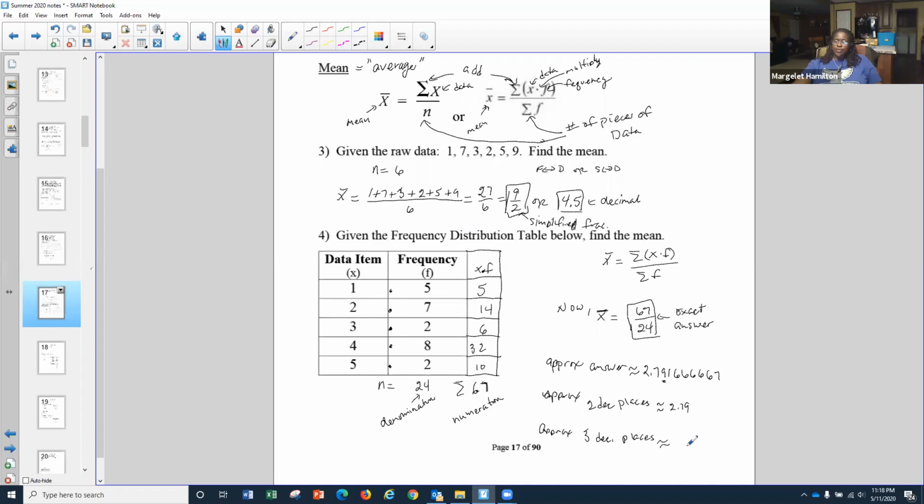So if we're rounding to 3 decimal places, then 3 decimal places would be at the 1. But look, right behind the 1 is a 6. That's above a 5. So that means we need to take action on that 1 and round that up 1 place. So what we get, 2.792.